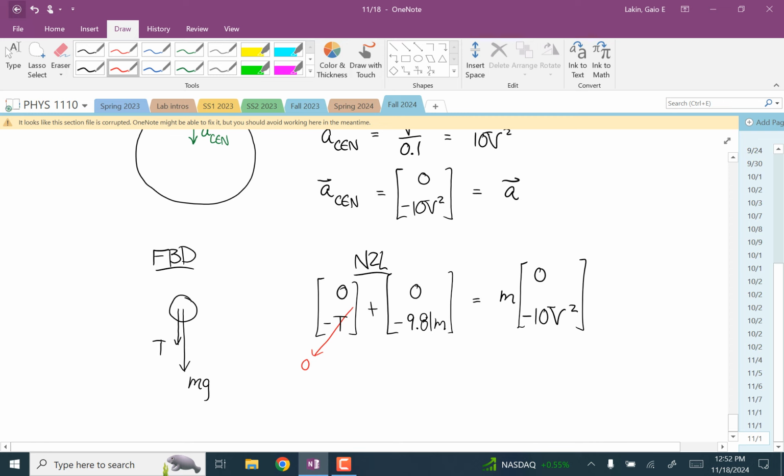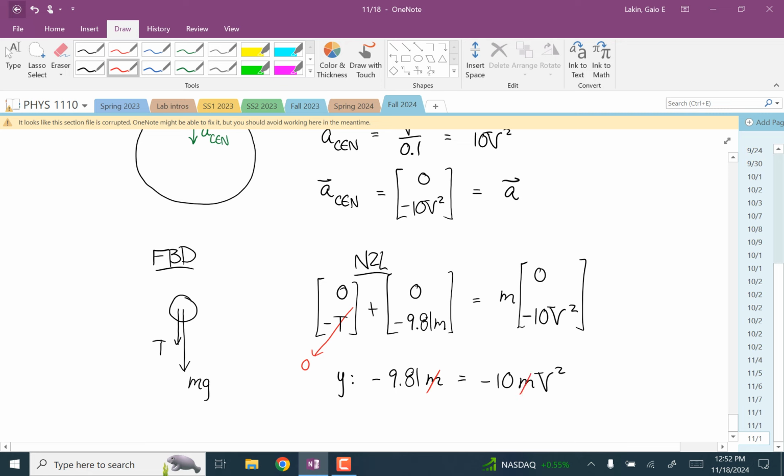That's going to be our cutoff point. So then the y equation says negative 9.81 m is equal to negative 10 m v squared.